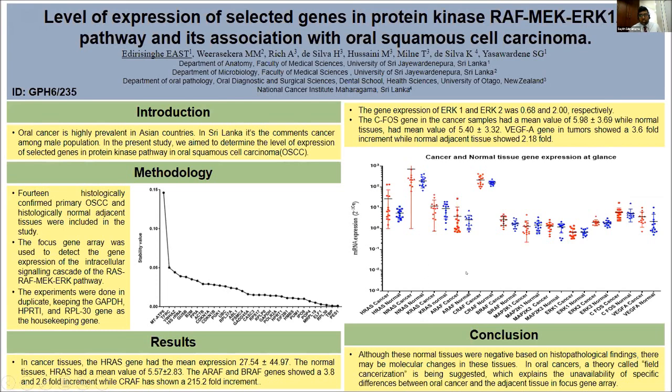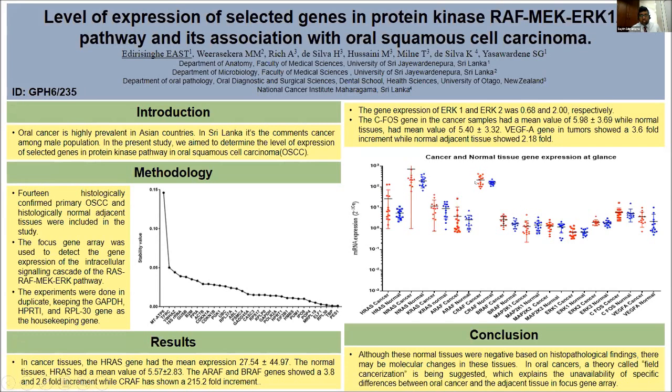We have seen it throughout all the cancer genes that we have selected, as well as in the normal tissues. As you can see, we have seen a nearly 100-fold increment in the NRAS gene as well as the CRAF gene.